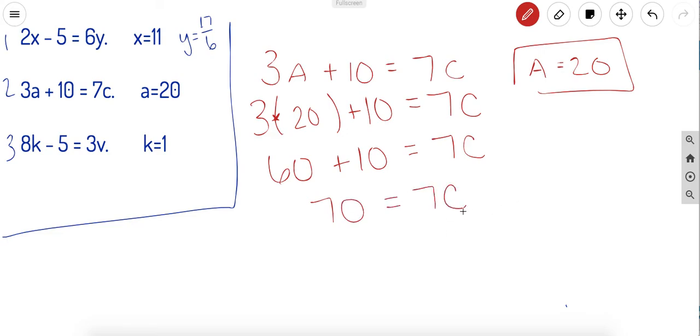Now, we need to get this variable, this c, by itself. How can we get c by itself? We're going to divide both sides by 7. So we get the answer of c equals 10.